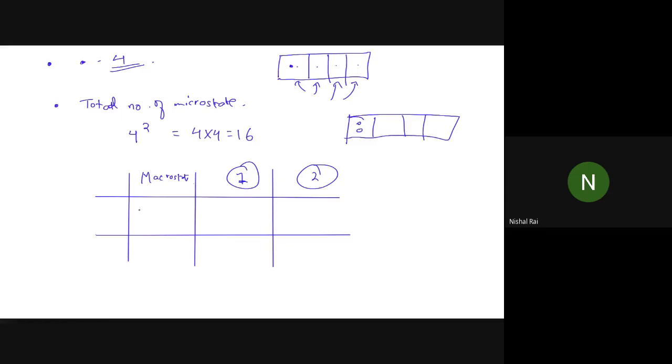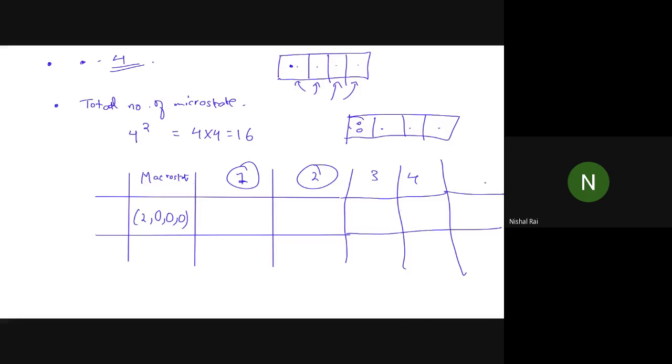So it will be 2, 0, 0, 0. Clear? 2, 0, 0, 0. Then compartment 3 and your 4th compartment, and here you have the total number of microstates. How many particles are over here? 2 particles. And over here 0, 0, 0. So the number of microstates is how much? 1. Clear? Is it clear?